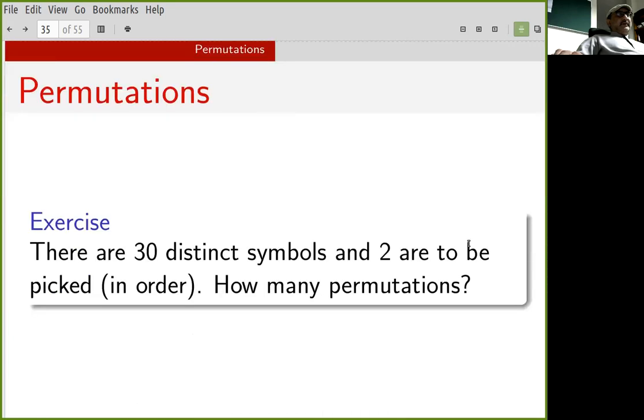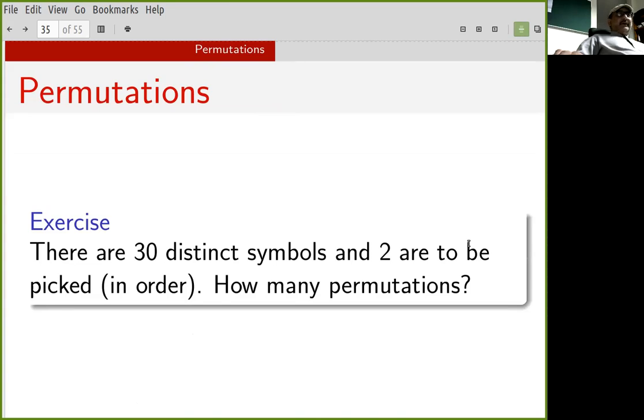So there are 30 distinct symbols, 2 are to be picked, and the order matters. How are you going to pick those? That would be 30 times 29 according to the counting rule.